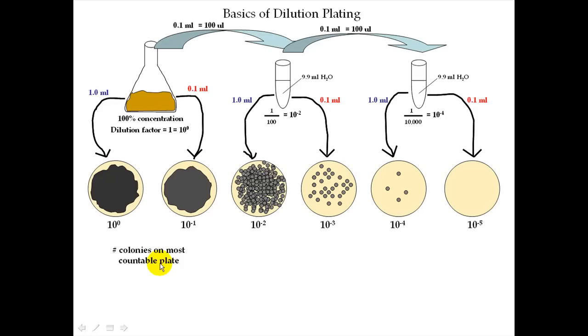Then, in order to figure out the concentration of CFU in the original sample, you would take the number of colonies on the most countable plate, in this case this one, and multiply it by the inverse total dilution factor which you were given.